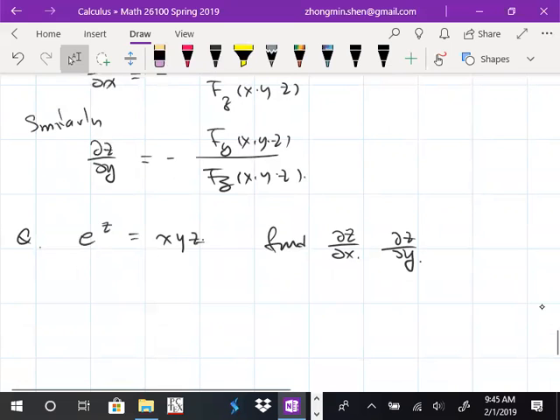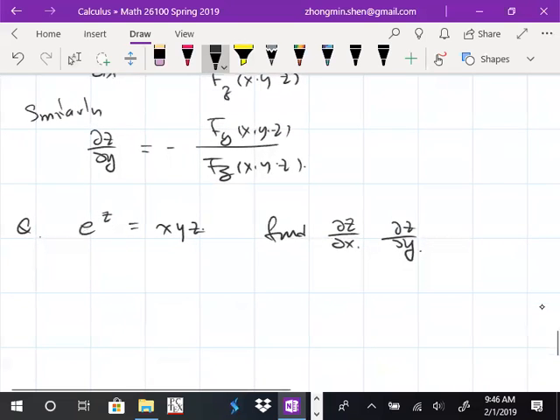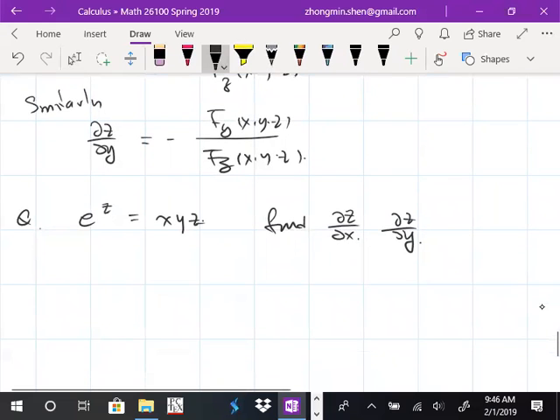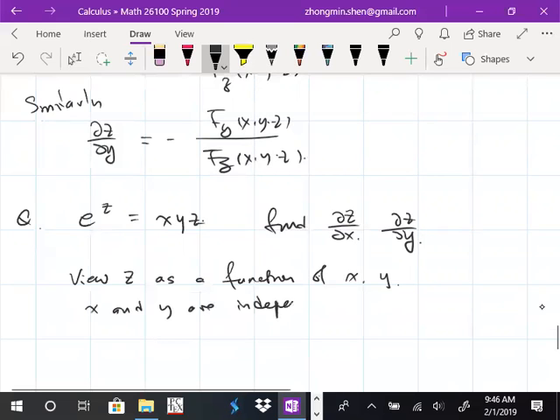You don't need to know the above formulas. You just view z as a function of x and y, and x and y are independent variables. They're independent of each other, so there's no relationship between x and y.